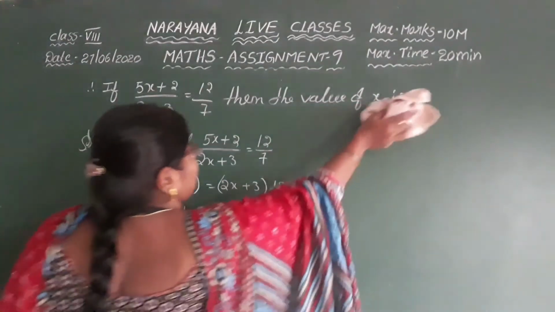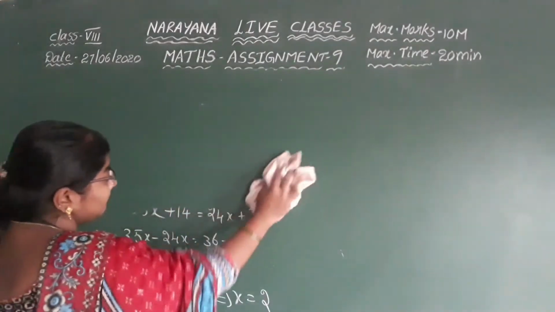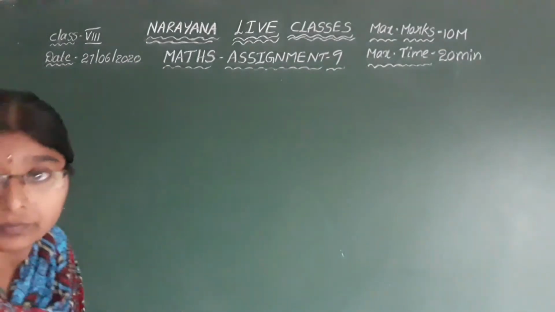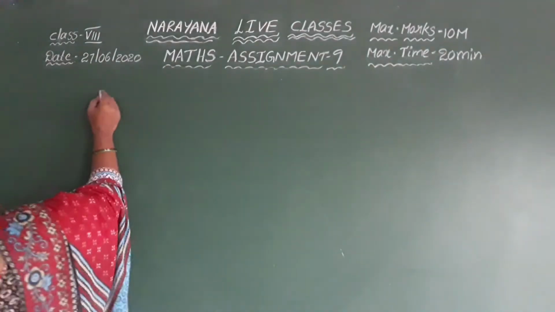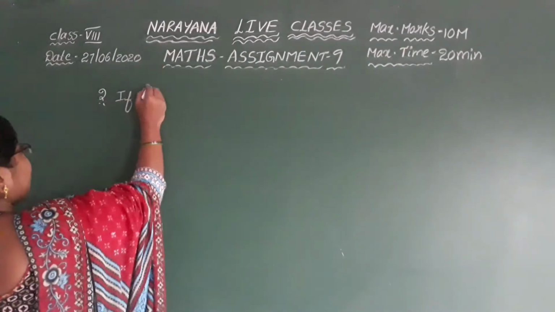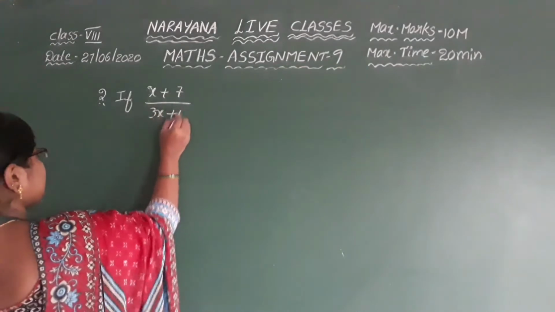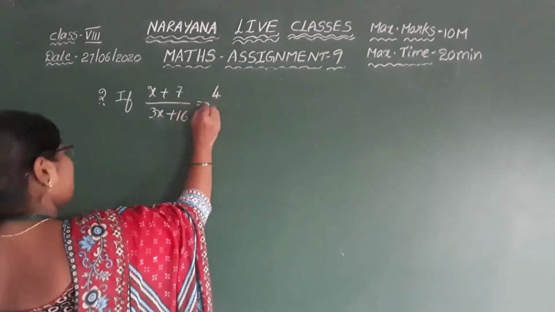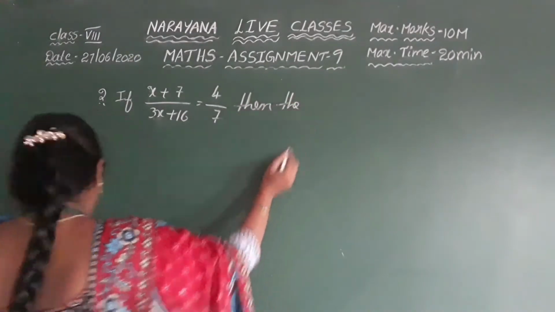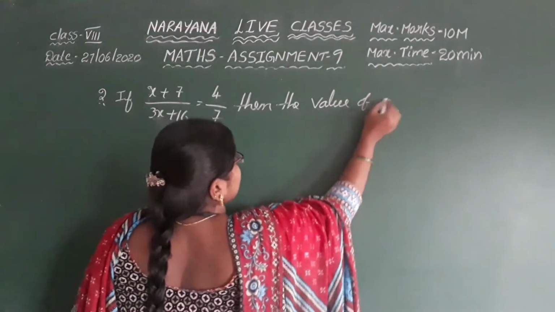We discuss the second question. If (x + 7)/(3x + 16) = 4/7, then the value of x is.